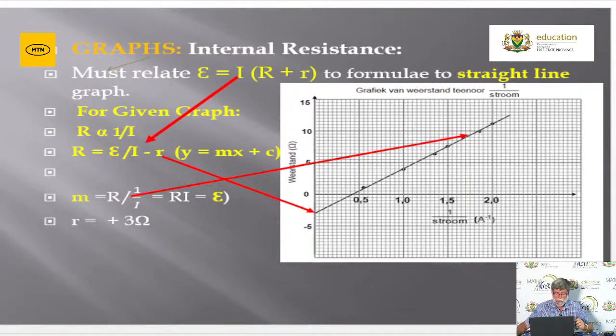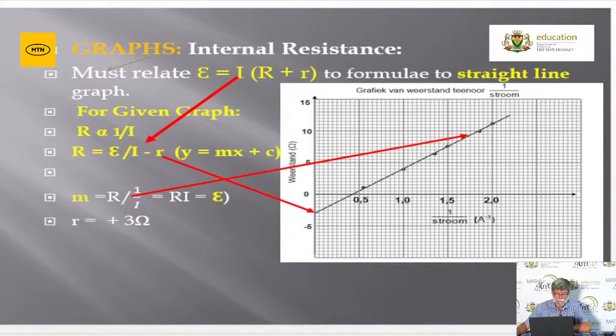Now, what's very important, after you have transformed your formula to a straight line formula, you use the y equals mx plus c straight line formula, and then you use the y and x values on your graph. You use the y-intercept, you use the gradient.